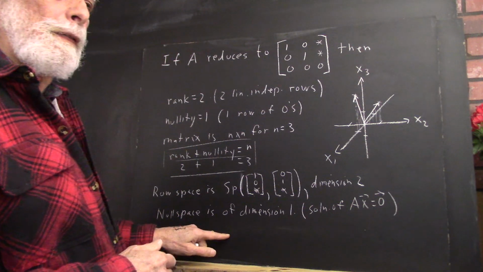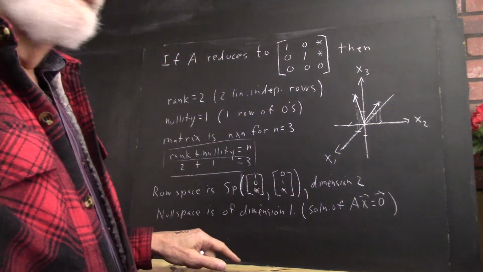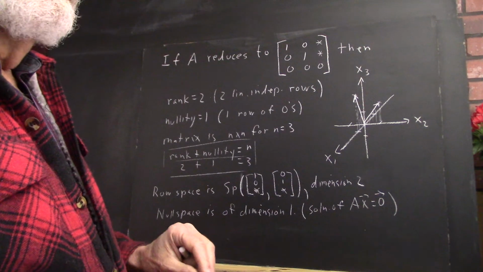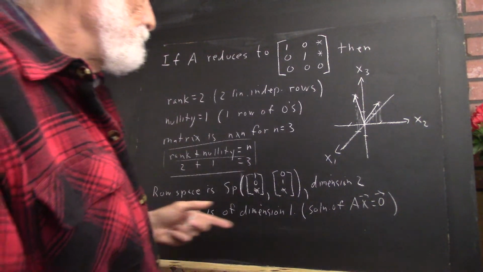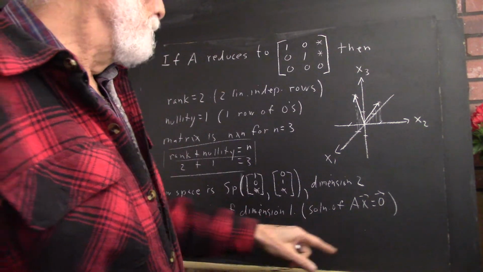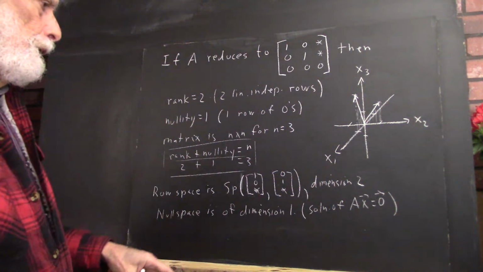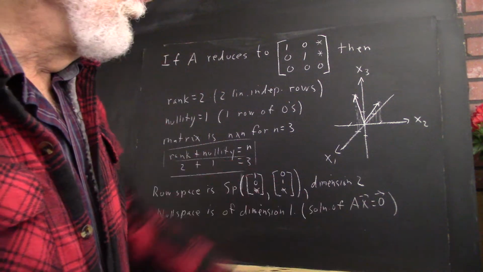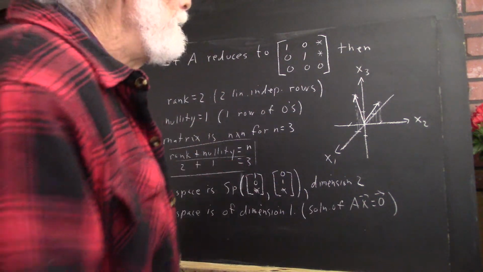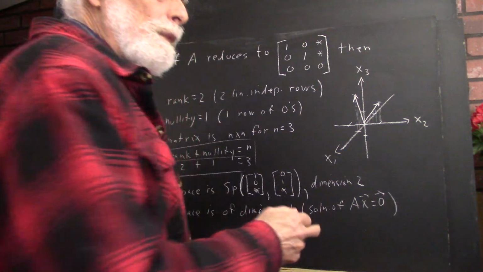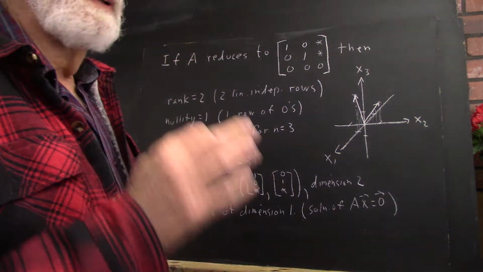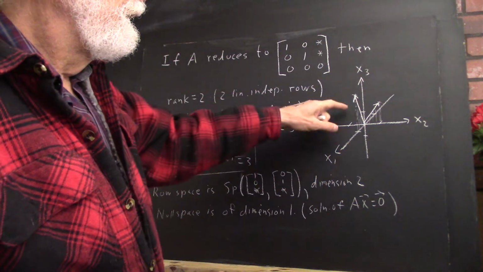Then you have the null space. Okay, now the null space is going to be spanned by some vector that you get when you solve the equation Ax equals 0. And that vector has to be orthogonal or perpendicular to both of these.